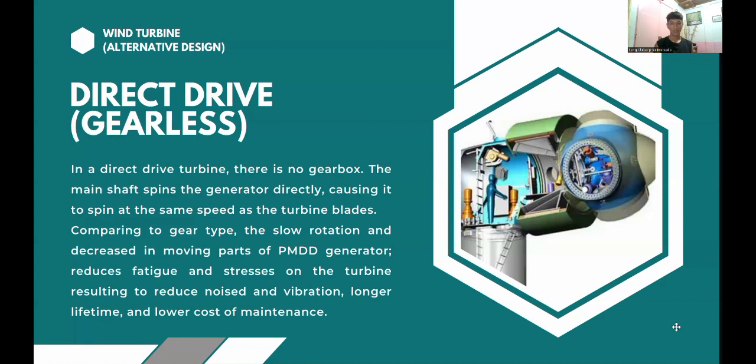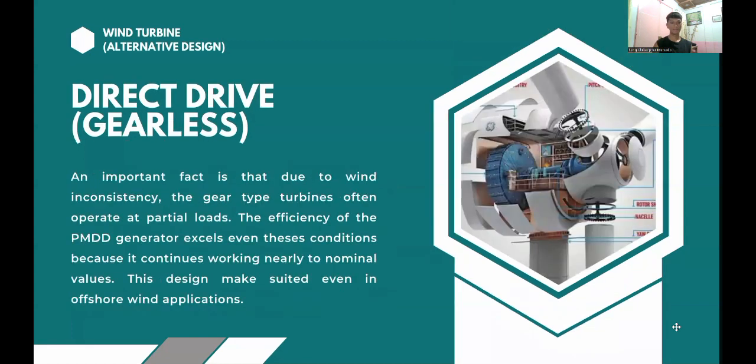So kung ano yung bilis na natatanggap ng turbine, 'yun din yung papasok sa generator. Hindi siya katulad nung may gearbox. So ang advantage naman nito ay less maintenance, at parang hindi madaling masira pag gearless.